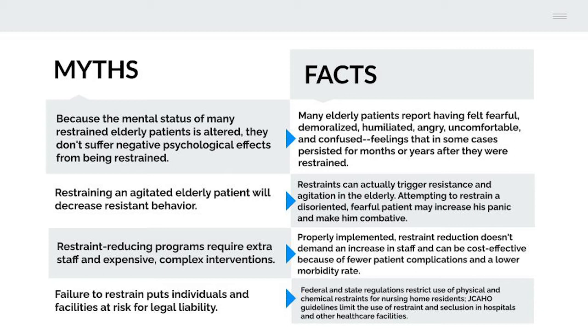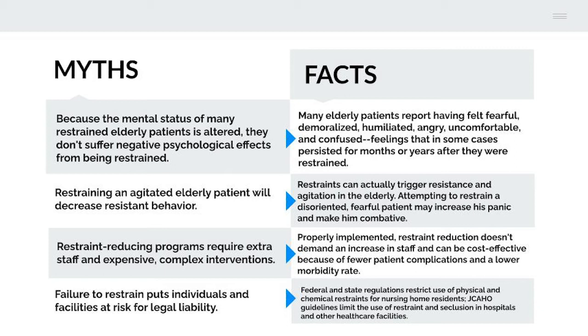Another myth is restraining an agitated elderly patient will decrease resistant behavior. However, the fact is that restraints can actually trigger resistance and agitation in the elderly. Attempting to restrain a disoriented, fearful patient may increase his panic and make him combative.